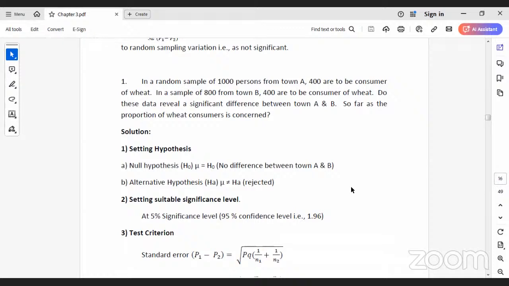In a sample of 800 from town B, 400 are found to be consumers of wheat. Do these data reveal a significant difference between town A and town B so far as the proportion of wheat consumers is concerned?